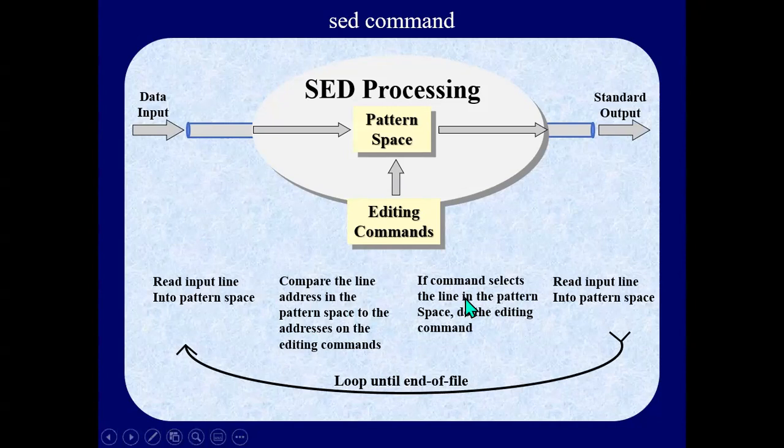Now, there will be lines that do not satisfy the pattern, so we will just read the input line into the pattern space and print it. I probably forgot a line there where I would basically print it. This will make sense in a moment, because what I'm now going to do is exit here.